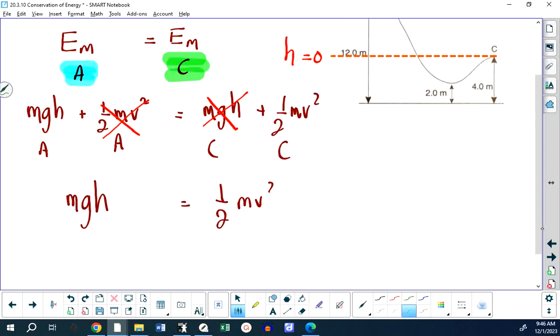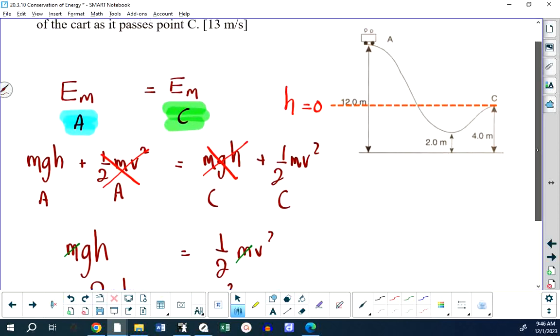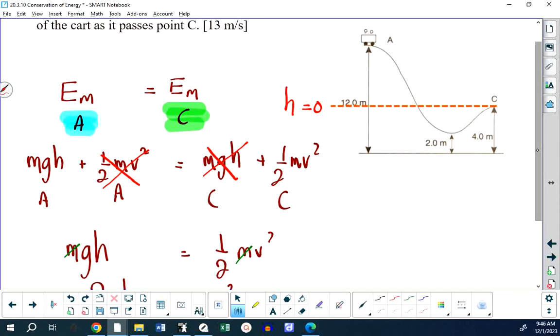Anyway, the masses cancel. We can multiply both sides by 2 and get 2gh equals v squared. H, Faye, is the distance horizontally between these two positions. And if this is 4 meters, boy, this is not drawn to scale well at all.